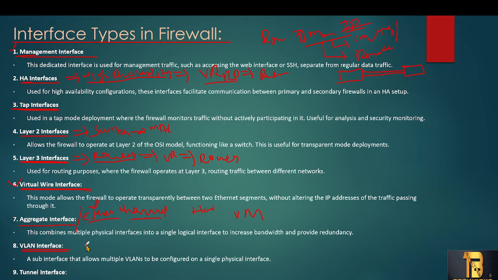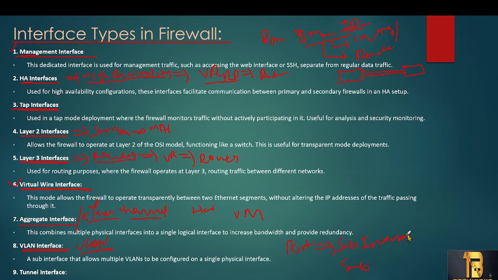And the VLAN interface is specially to carry our VLAN traffic. We can create a VLAN interface in the Palo Alto firewall. We take one single port and in that single port we create sub interfaces. However many VLANs you have, that many sub interfaces you can create.